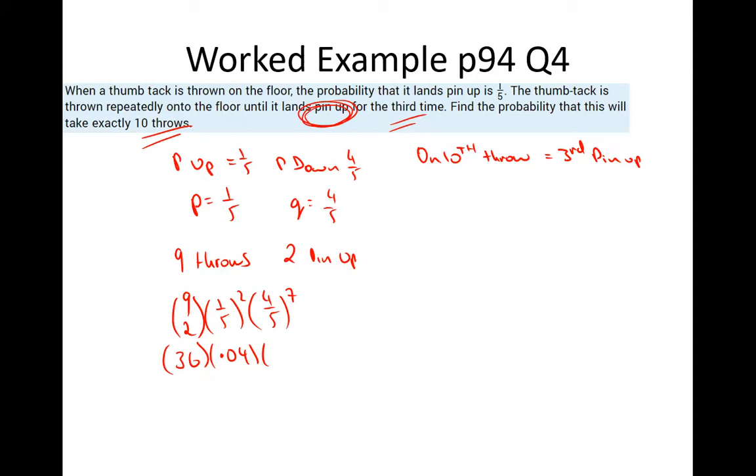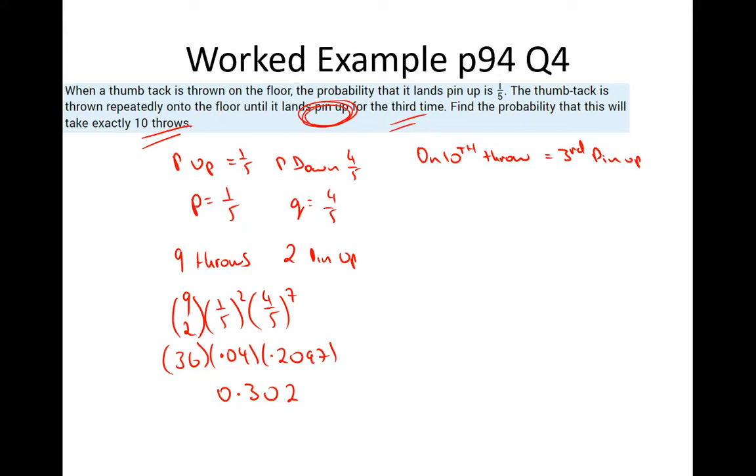So a lot of the work involved here is simply calculated work, which takes a while. So that's 0.2097. Okay, so when I multiply those out, I end up getting 0.3019, so 302. So that's the probability of getting 2 pin-ups in 9 throws.